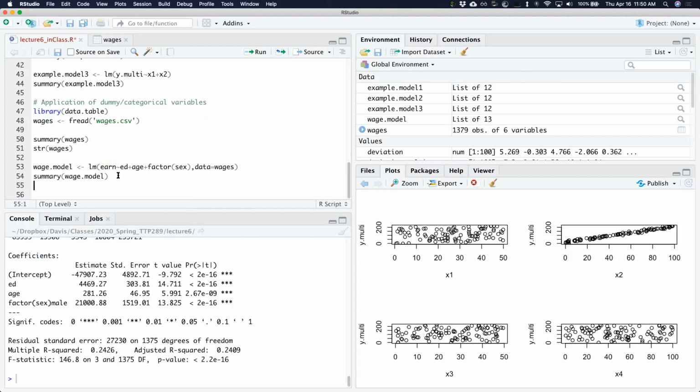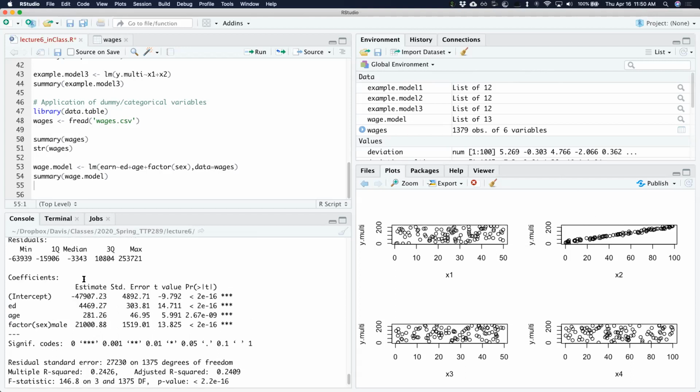Okay. So let's first go about interpretation of our model. We're not going to do any diagnostics for now. We're mainly going to focus on interpretation of the dummy and categorical variables.